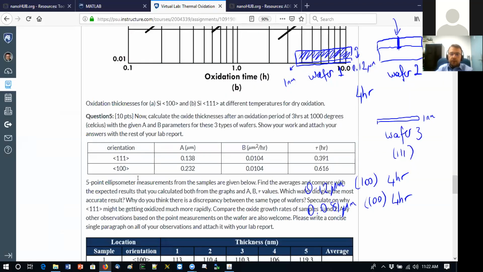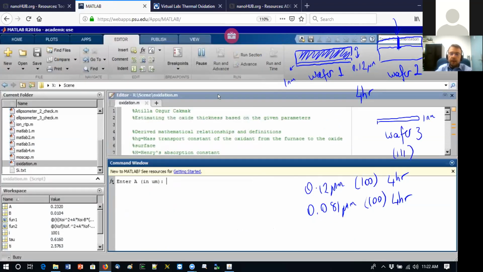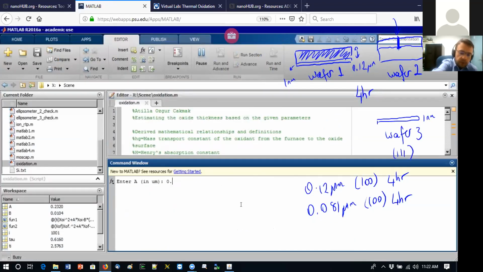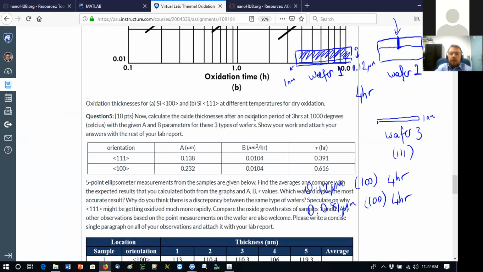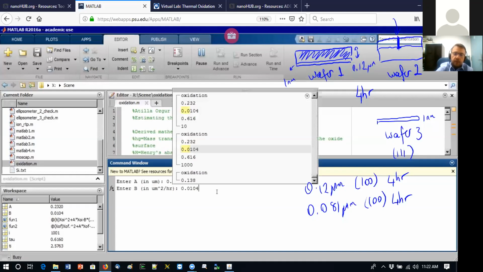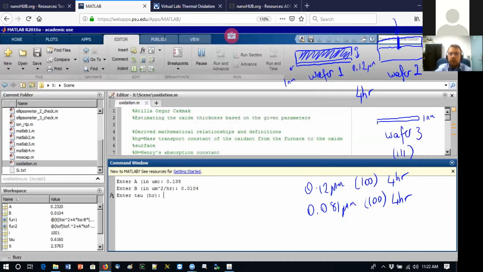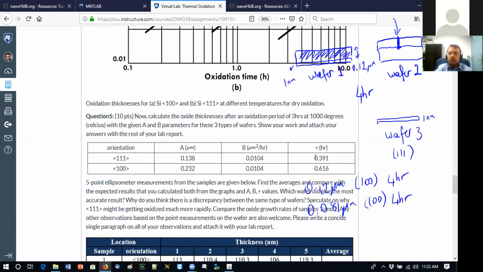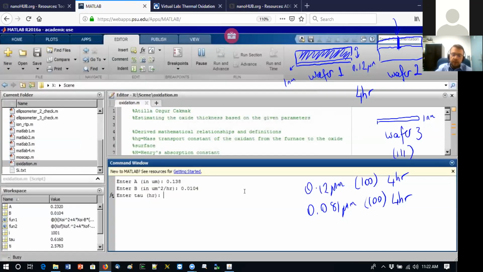I will let you know the parameters. A is 0.138, so let's enter 0.138. And B is the same. And the tau is 0.391.